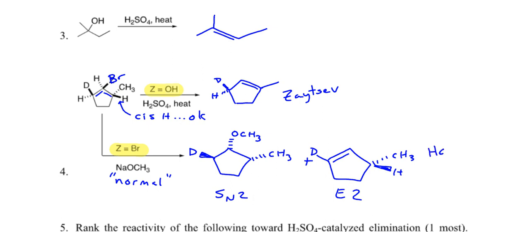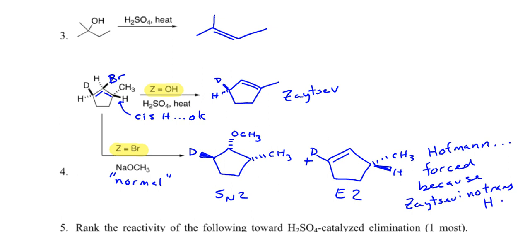Sorry, I missed an N. And it's forced, because in Zaitsev there was no trans H. If it would have achieved Zaitsev formation, you would have needed a trans H. So that was not going to happen. So in this case, unfortunately, that is the only E2 that's going to occur. We can't go the other direction.